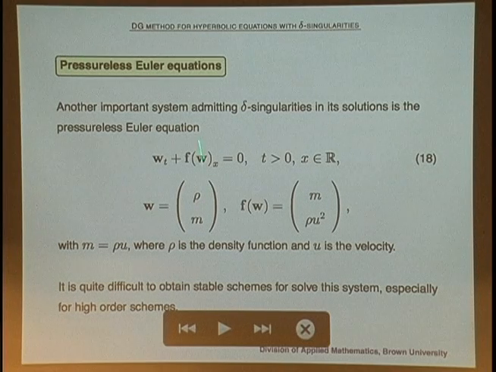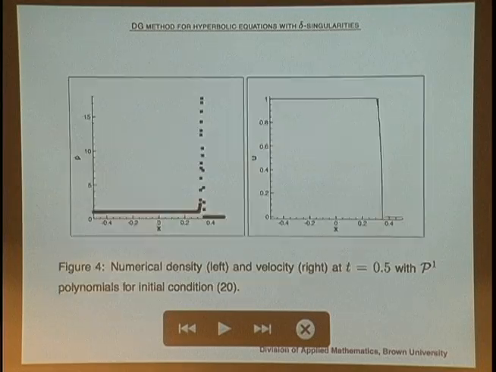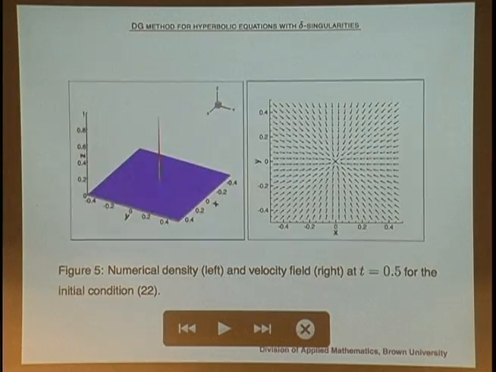Another example is the pressureless Euler system. This is another example where you can put in a bounded initial condition, and delta functions will be spontaneously generated from the solution. Then you use the bound preserving limiter. You see it generates a delta function in 1D, and you can generate a delta function in 2D.